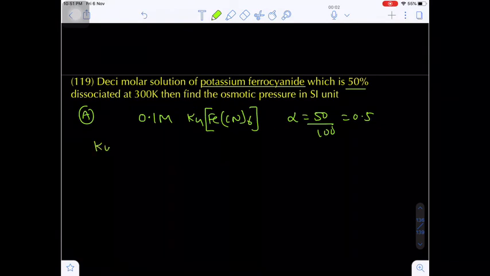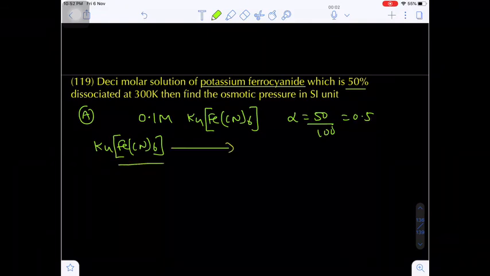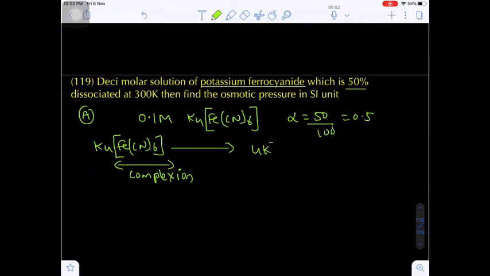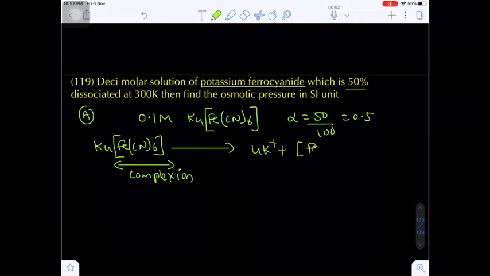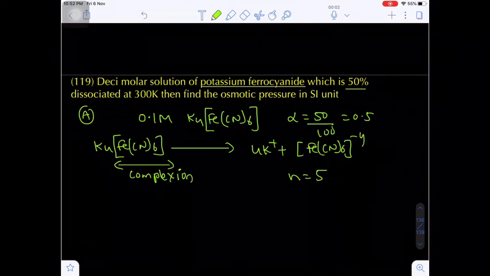When it undergoes ionization, how is potassium ferrocyanide dissociated? We know it is a complex. So the entire square bracket is considered as a complex species or complex ion. So there are 4 potassium ions outside the square bracket, and the one complex ion is treated as a single species. Total number of ions 4 plus 1, 5.